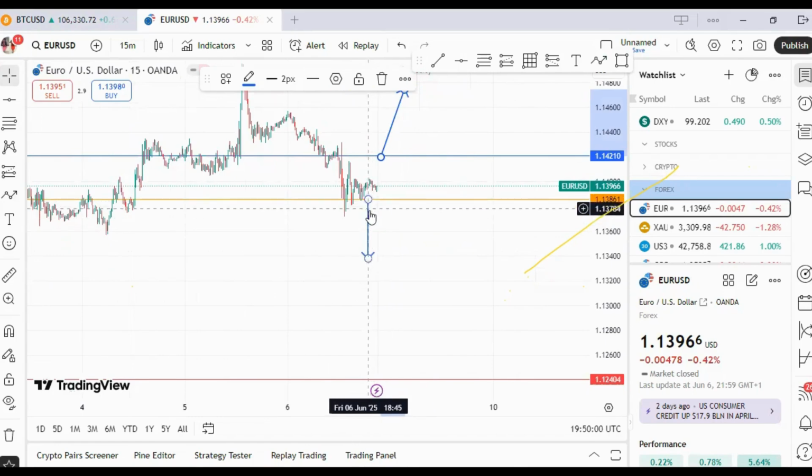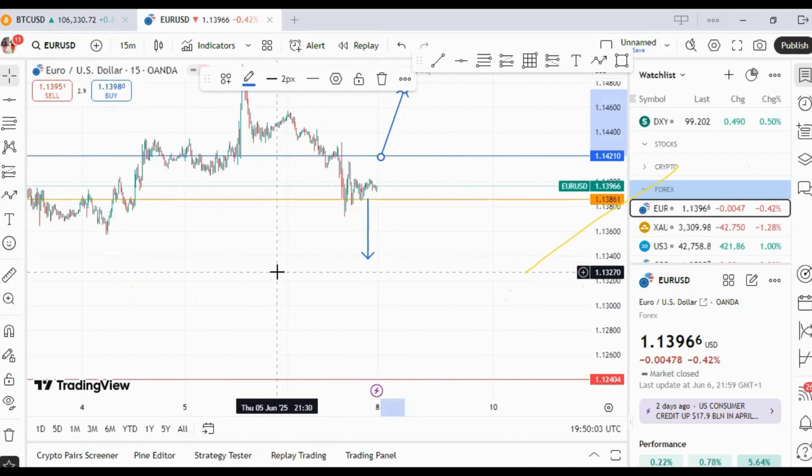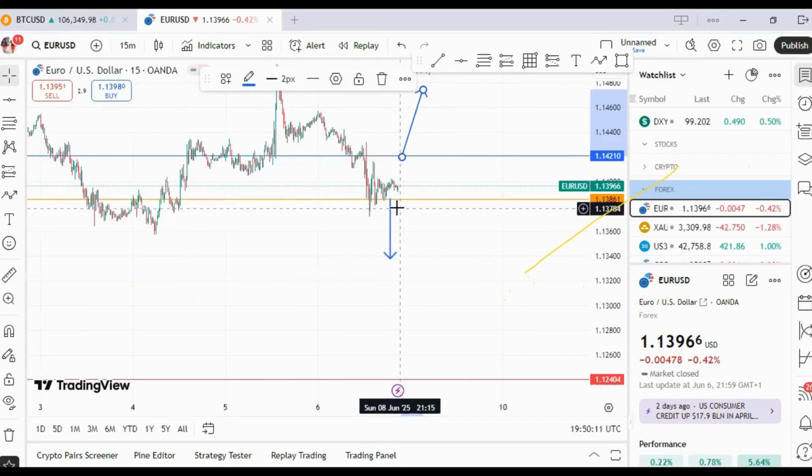For this particular strategy, top-down analysis and support and resistance, a break and close below your support indicates a sell. A break and close above your resistance is a buy.